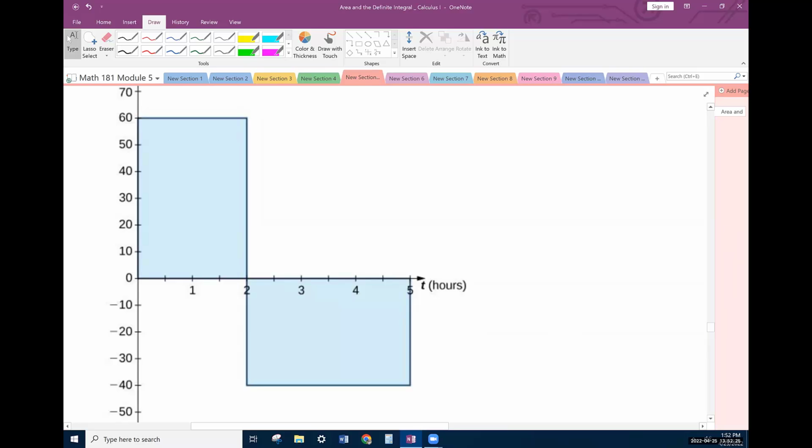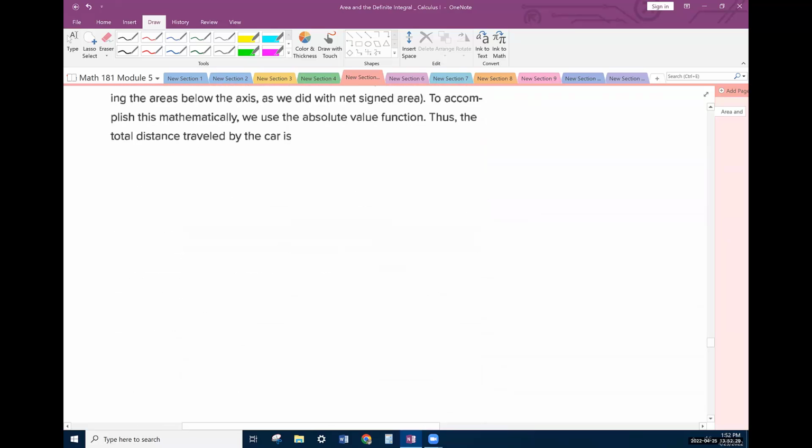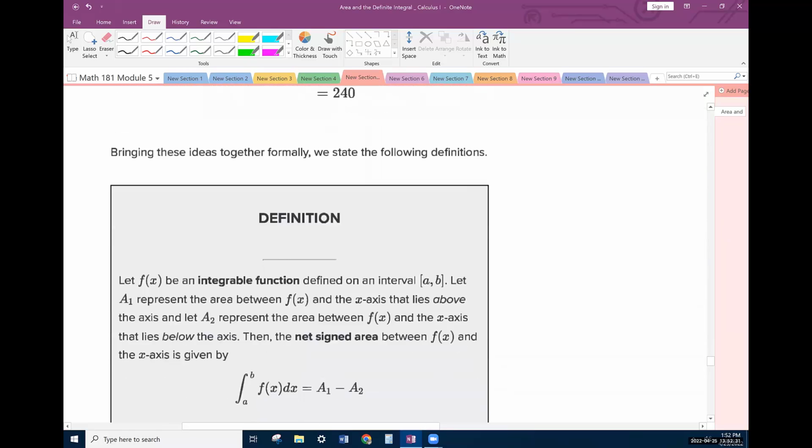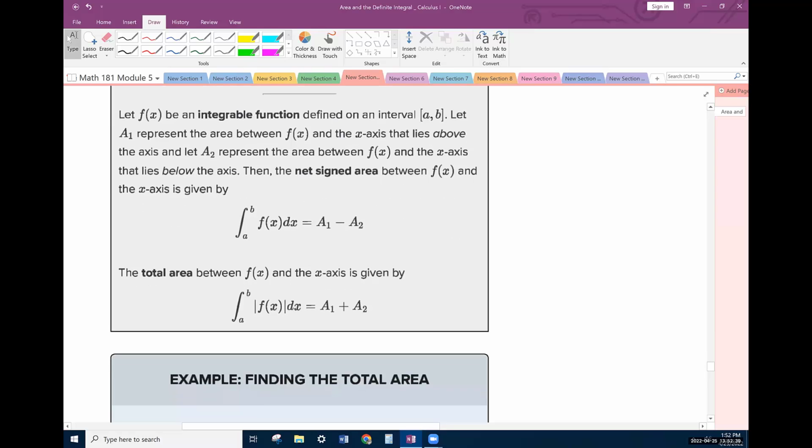We've taken absolute value, so there's nothing negative down below. Our definition is that the total area is the integral from a to b of the absolute value of f of x dx.